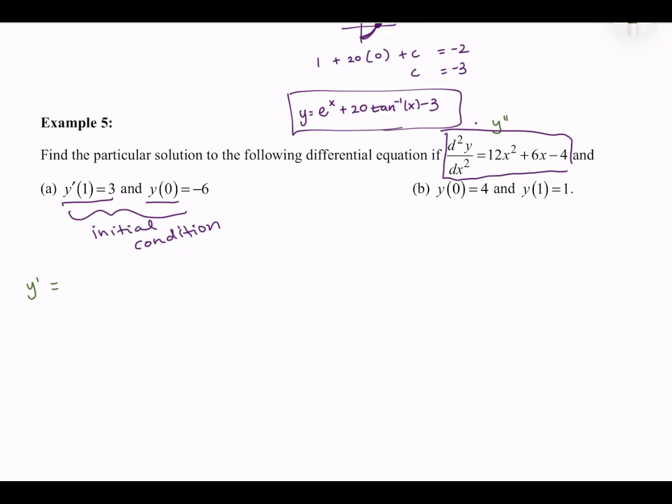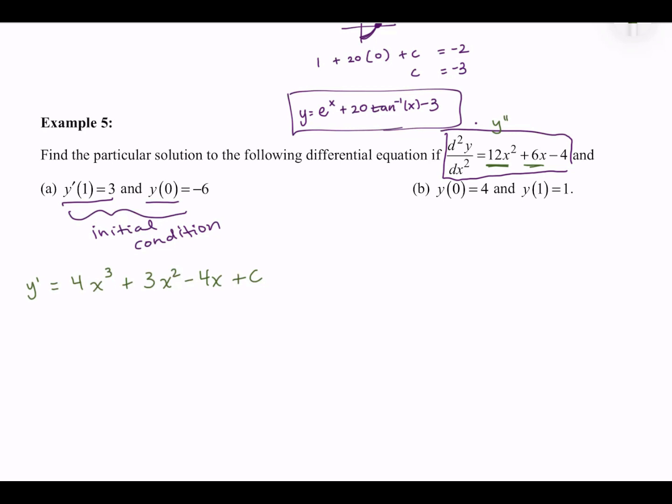The exponent goes up to 3, and then I divide 12 by 3 to get 4. So 4x cubed is the antiderivative of 12x squared. And then the antiderivative of 6x is 3x squared, and then minus 4x plus c.